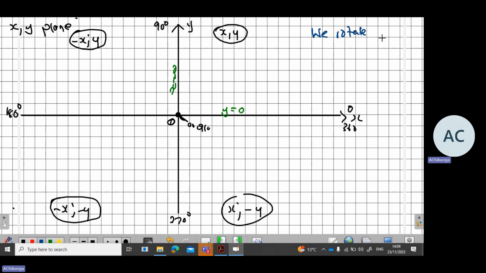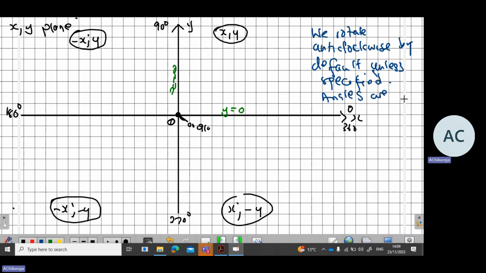We rotate anti-clockwise by default unless specified. We can go back and explain to engineering purposes why. And we say angles are what?